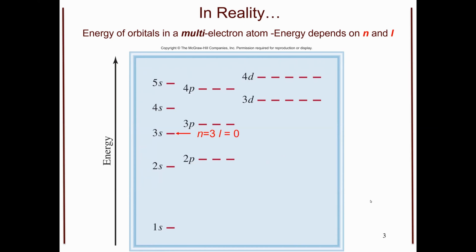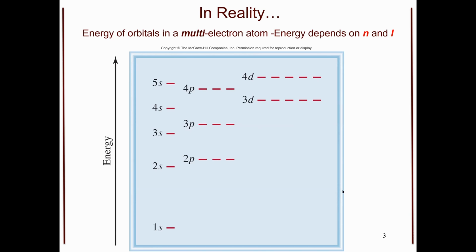Now we'll go to 3-0. Notice that we have gone up in principal quantum number. That is why we're getting further away and higher in energy. As you can see, we now get to our 3-1, and notice that our p orbitals are higher in energy. The biggest thing is that I can go to the 3d orbitals. This gives me a principal quantum number of 3 and a secondary quantum number of 2, but you'll notice that it's actually higher in energy than my 4s orbital set.